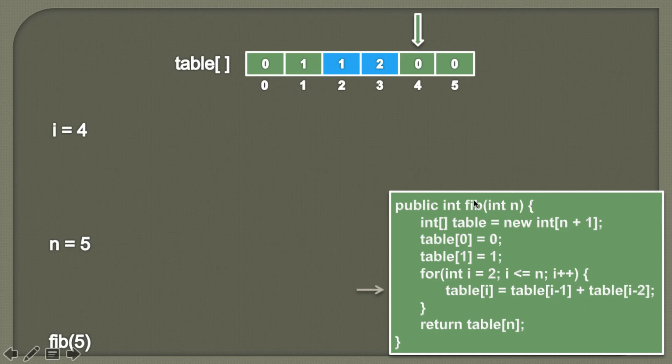So I minus 1 gives the value at the third index. I minus 2 gives the value at 4 minus 2, which is the second index. So we'll do its sum. 1 plus 2 becomes 3. We store 3 at the fourth index. Moving ahead.